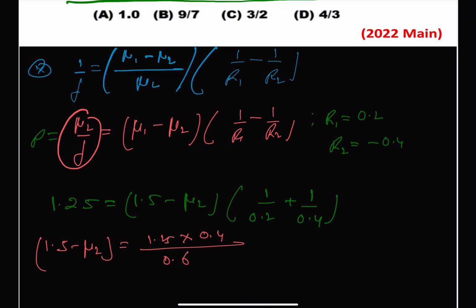Let me check. 0.4 is the LCM. Yeah, this looks good.